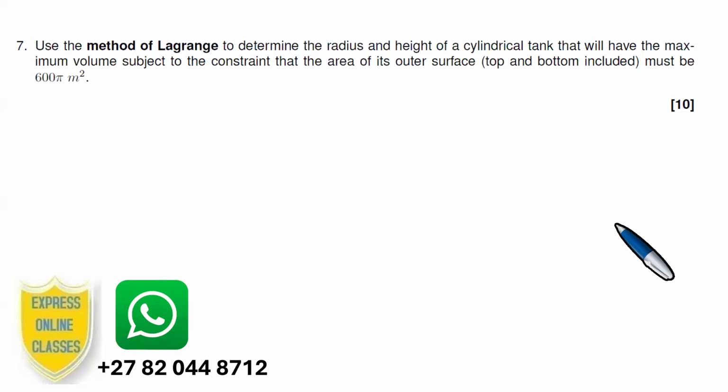The next one is question 7, the method of Lagrange. Use the method of Lagrange to determine the radius and height of a cylindrical tank that will have the maximum volume subject to the constraint that the area of its outer surface, and the outer surface means the top and bottom included.